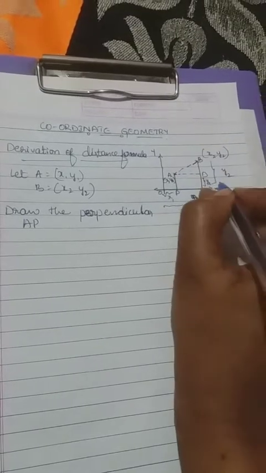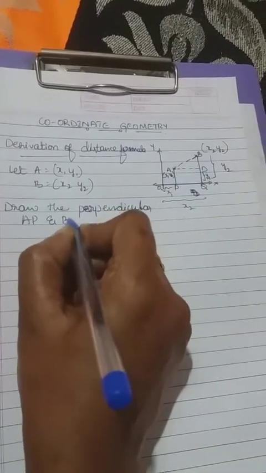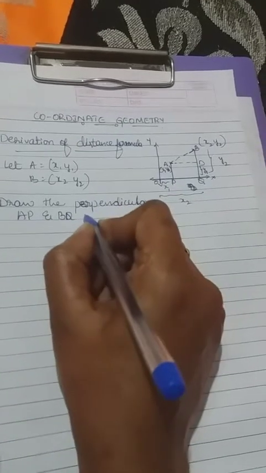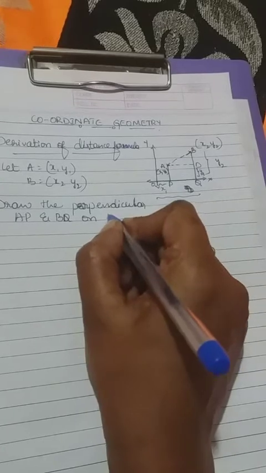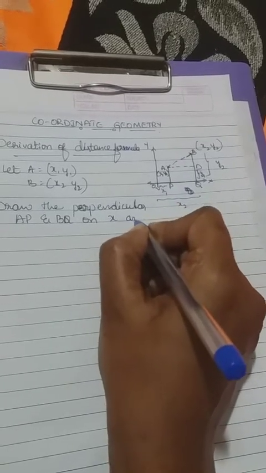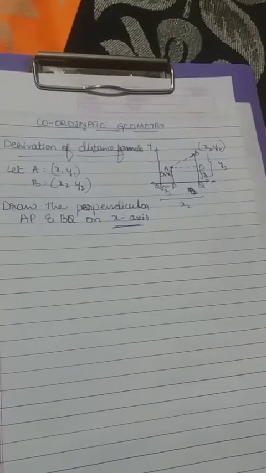One perpendicular is AP and another one is BQ from the points, both on the x-axis.